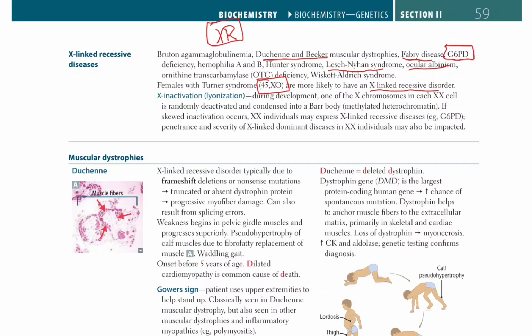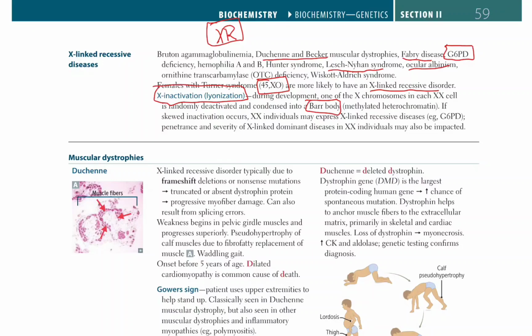So what is X inactivation, or lyonization? During development, one of the X chromosomes in each XX cell is randomly deactivated and condensed into a Barr body, methylated heterochromatin.